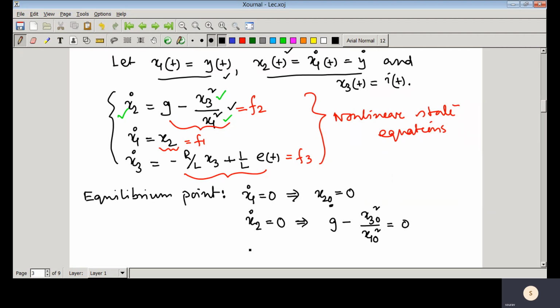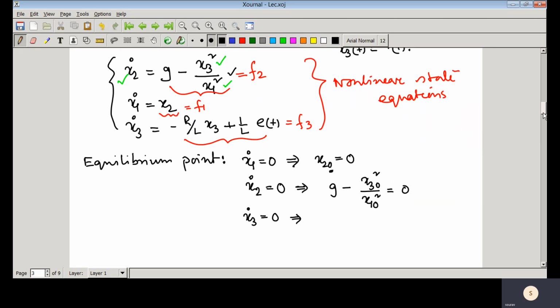And for x3 dot equal to 0, we get minus R by L x3 0 plus 1 by L E 0, because that is the equilibrium point.